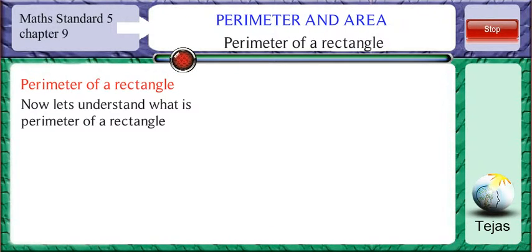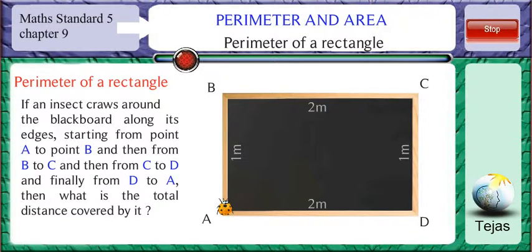Perimeter of a rectangle. Now let's understand what is the perimeter of a rectangle. If an insect crawls around the blackboard along its edges, starting from point A to point B, and then from point B to point C, and then from point C to point D, and finally from point D to A, then what is the total distance covered by it?